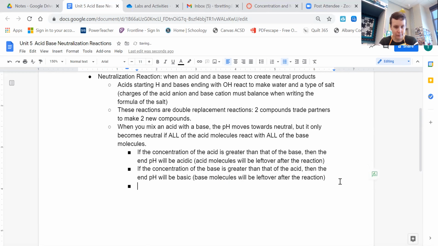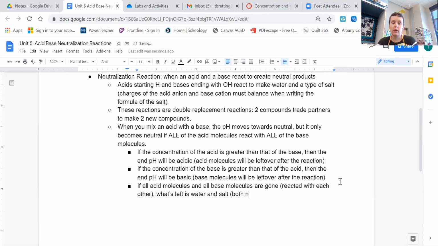All right. If all acid molecules and all base molecules are gone, reacted with each other, what's left is water and salt, both neutral.